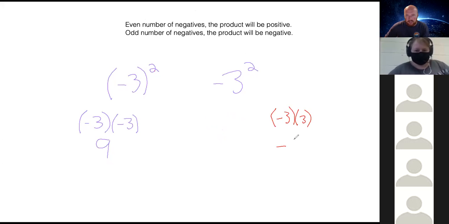So this actually would be -9. Okay. So the parentheses tell us to take the number inside the parentheses and multiply it by that exponent. The non-parentheses tell us just take the number by the exponent, and one of the numbers is going to have a negative. Right?